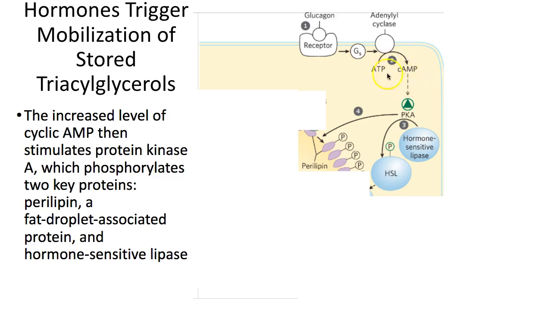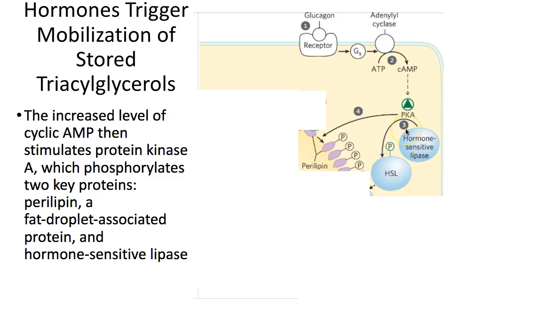And once this cyclic AMP is created and there's an increased level of it, that stimulates protein kinase A to start phosphorylation onto the hormone sensitive lipase, where you see right here, this hormone sensitive lipase undergoes phosphorylation, and you have this phosphoryl group on its surface.